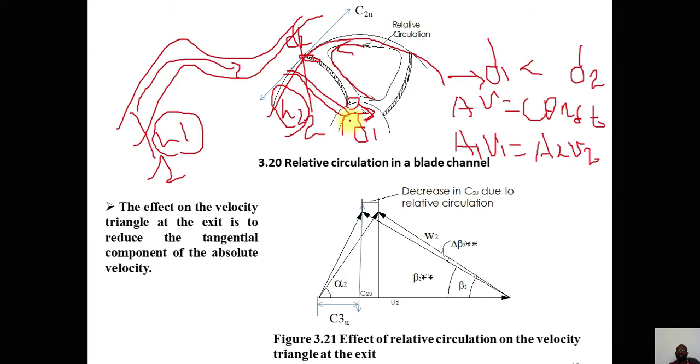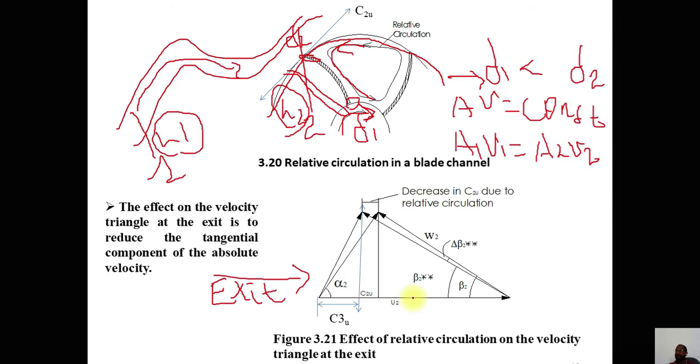By the effect of inertia, the flow velocity decreased in magnitude. That's why if we take the flow velocity triangle at the exit side, this is at the exit side. Actually, this one is the exit side one.